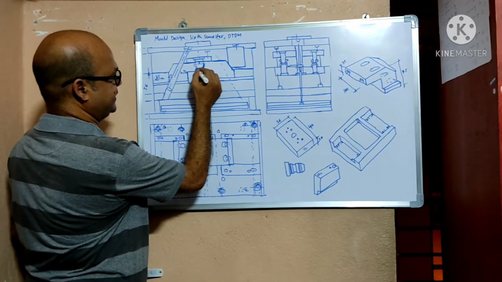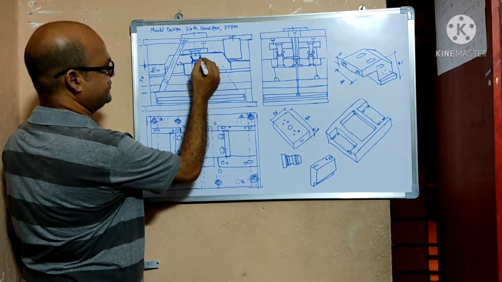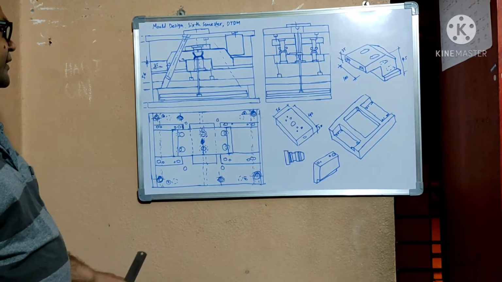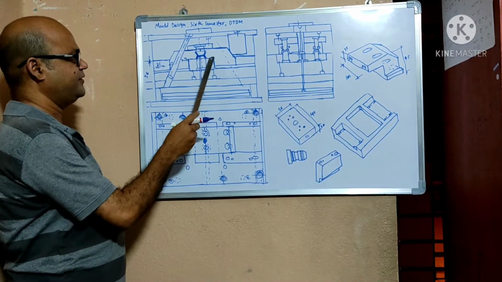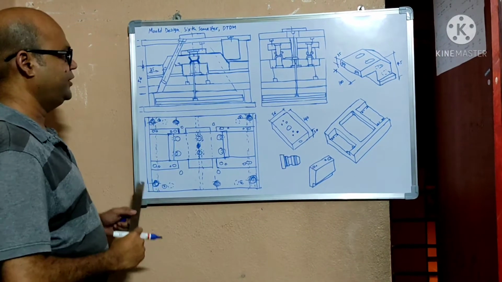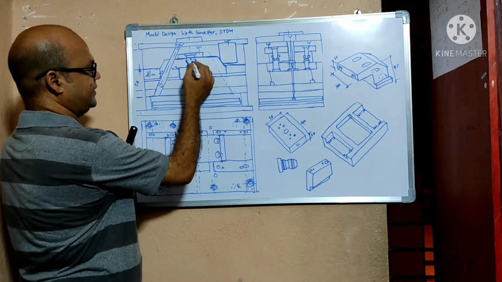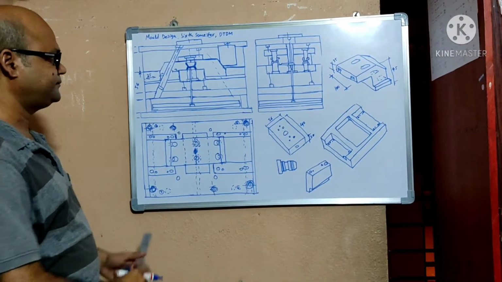Here you see the component filled, and by using the core pin in the ejection half and in the injection half, you will get the component's internal diameters, and the internal diameter on the other side.